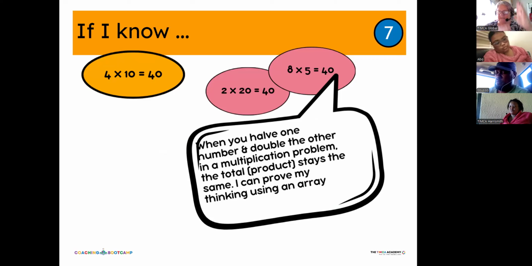I can arrange them as 8 by 5 or I can arrange them as 2 by 20. I still get 40, but it's about doubling and halving. So when you halve and double a number, the total, the product, stays the same. And I can prove my thinking using an array. And this is what I want you to try and do today.